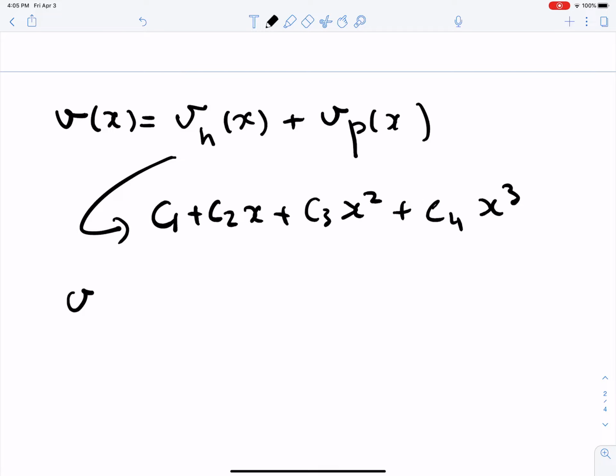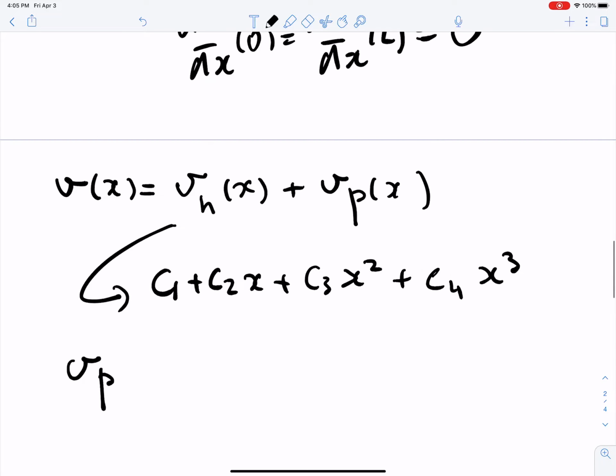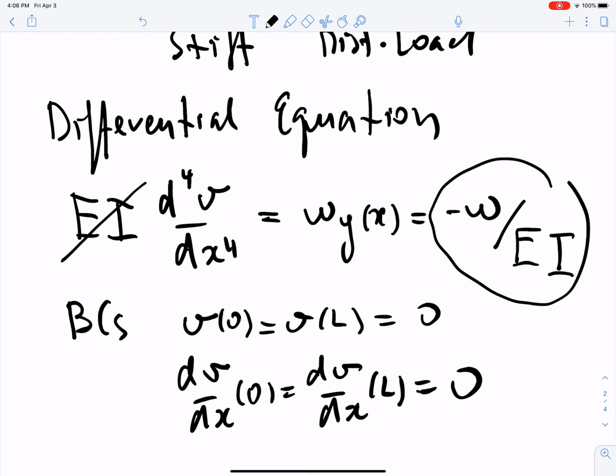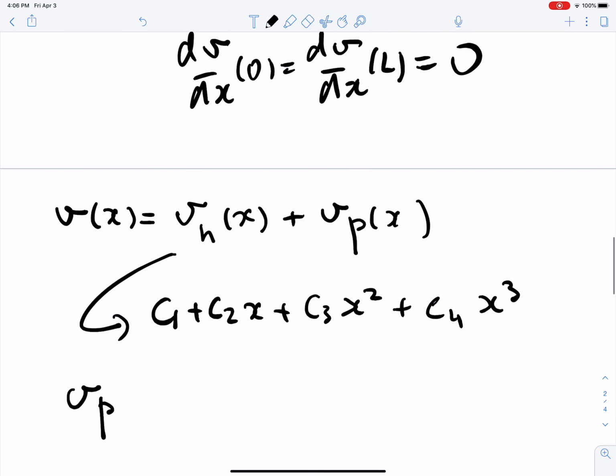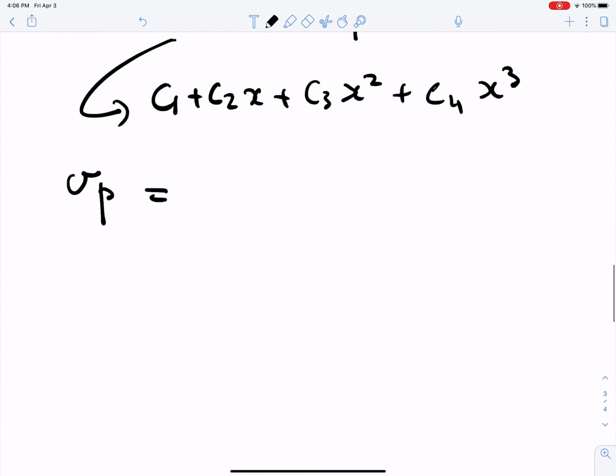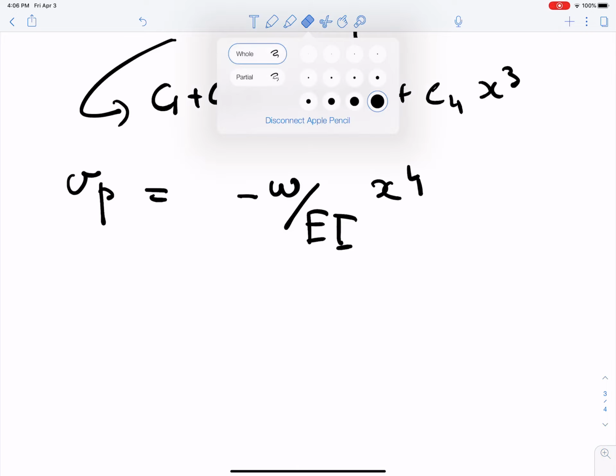And V particular, we can actually write down by directly looking at the equation. We're going to divide through by EI as before. And then we're going to say, okay, V must be a function such that when I take its fourth derivative with respect to x, I get this constant quantity. So clearly, I have minus W over EI, x to the fourth, to get the constant upon differentiation.